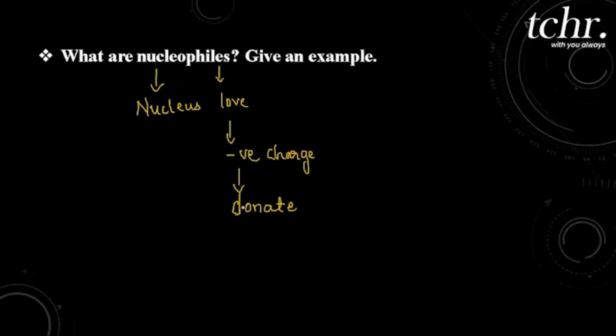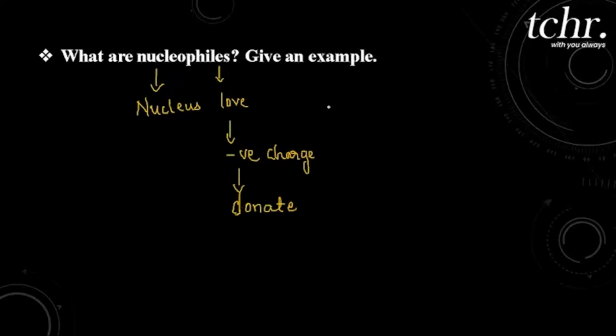So how can I put this in a proper sentence? I can tell that those electron rich species which are attracted towards electron deficient center, or I can tell the electron rich species which is able to donate electrons to electron deficient species are called as nucleophiles.